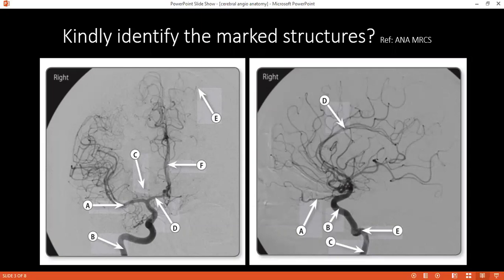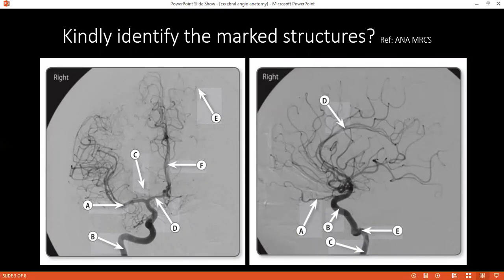Good. Okay, if we can move on to the right-hand side image, what is it showing? Yes, ma'am. It is showing the various parts of internal carotid artery, and also the anterior cerebral, middle cerebral and posterior communicating artery.